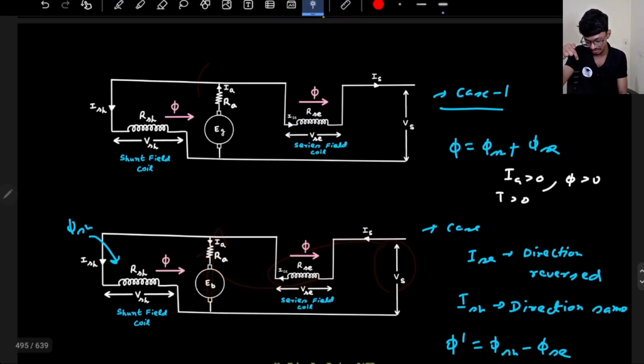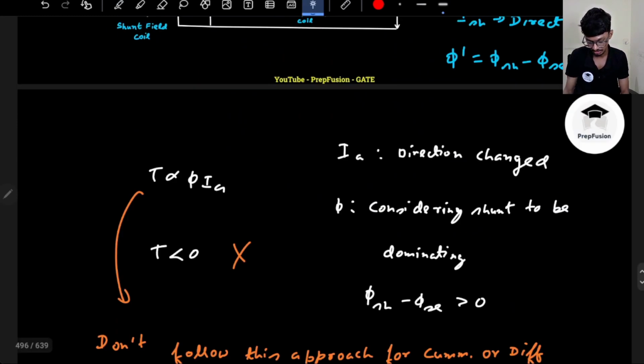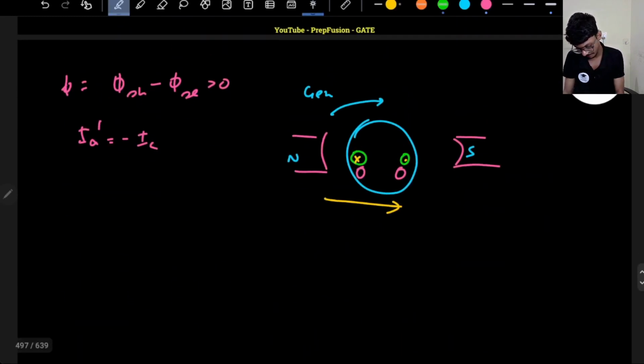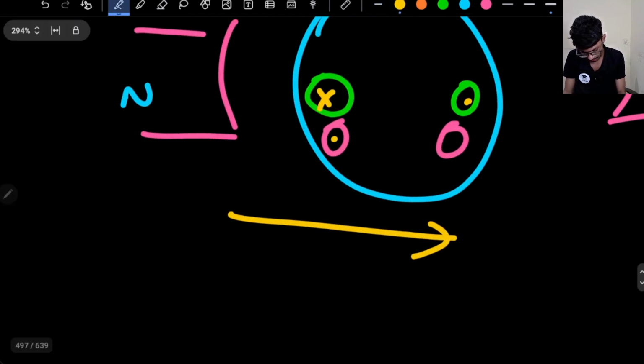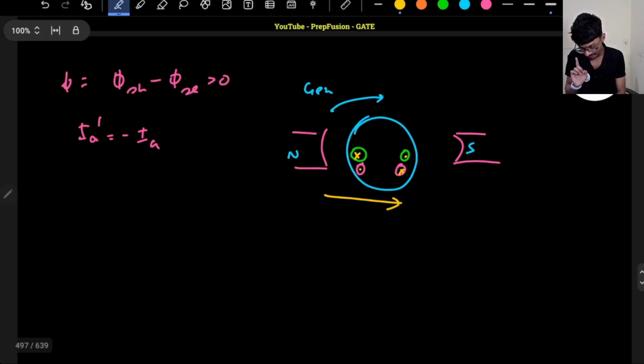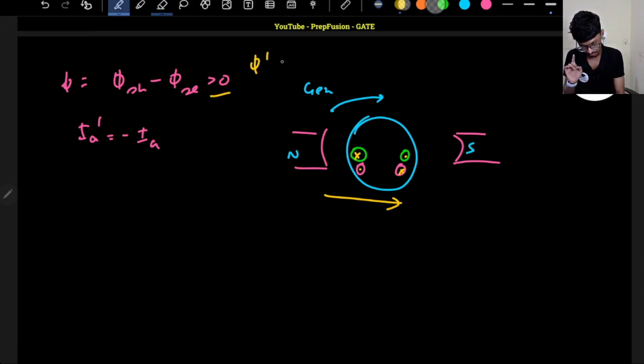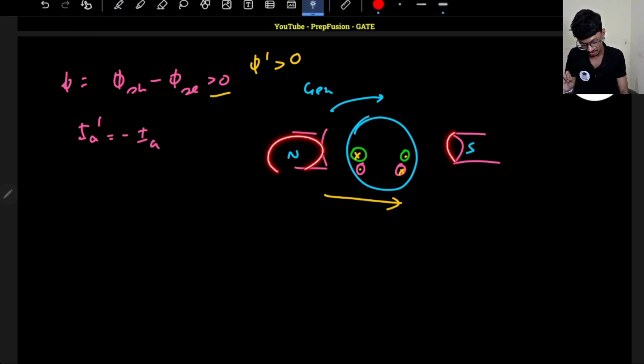So obviously the armature current direction is changed. That means now this will be dot and this will be cross, and the field direction flux is still positive. So phi dash is still greater than 0. It is still positive, just like the previous case. So this north pole and south pole will still be north pole and south pole only.